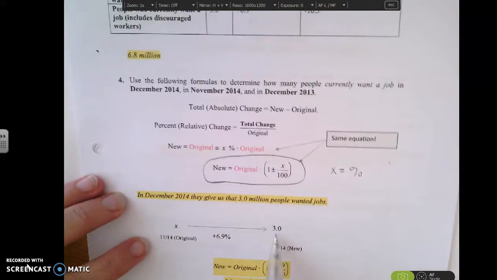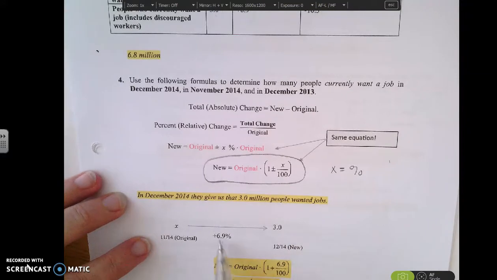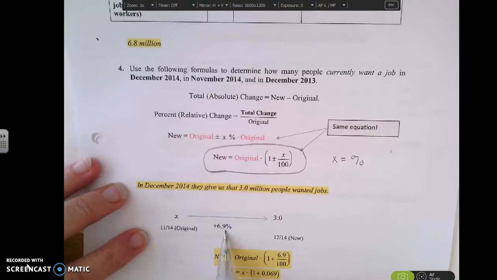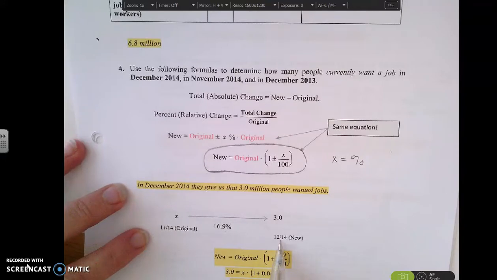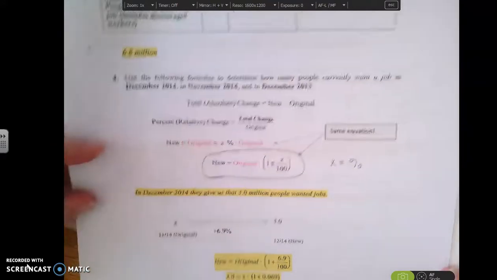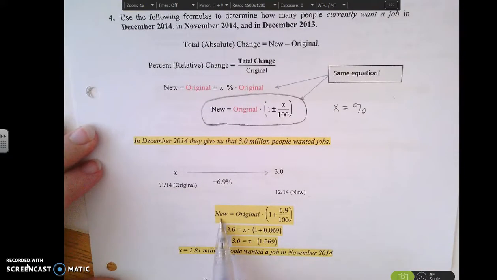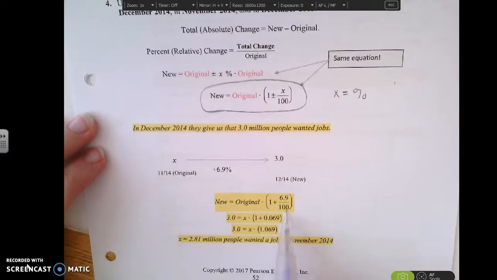So if 3 million people wanted a job and there was a 6.9% increase, this is December, this was November. That means we're going to use this formula. The new value is 3 million, and we're looking for the original value, with 6.9 over 100. When I do 6.9 divided by 100, I get 0.069.